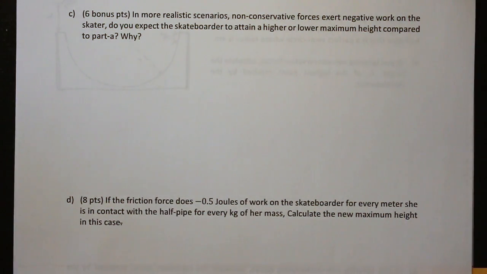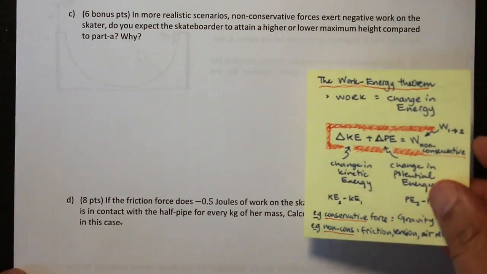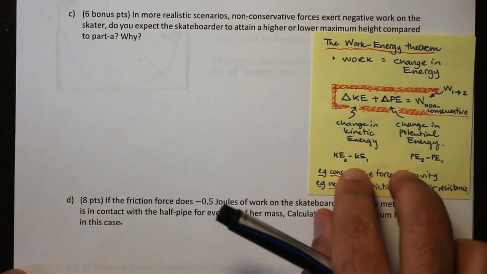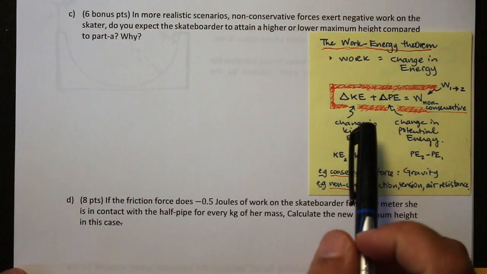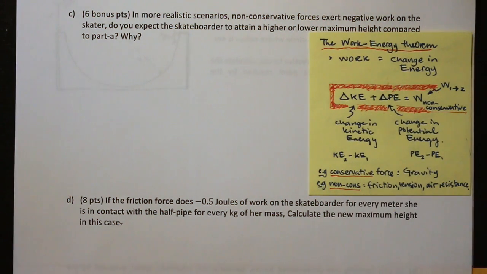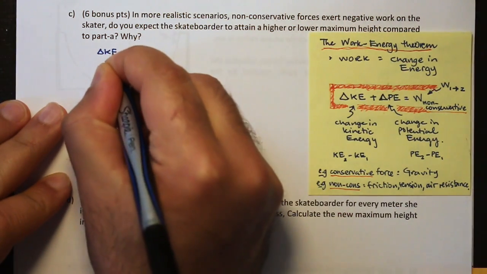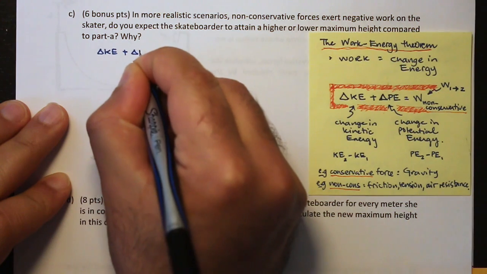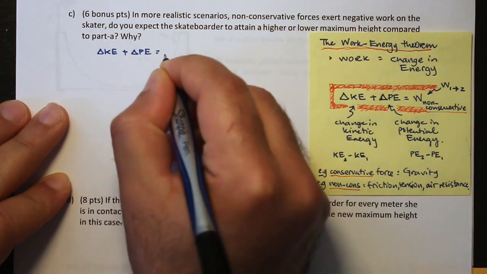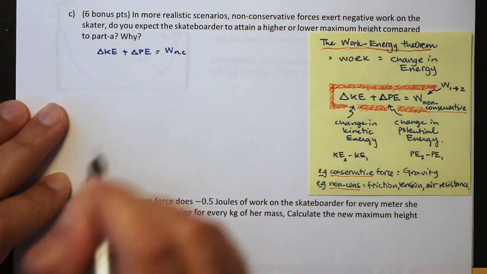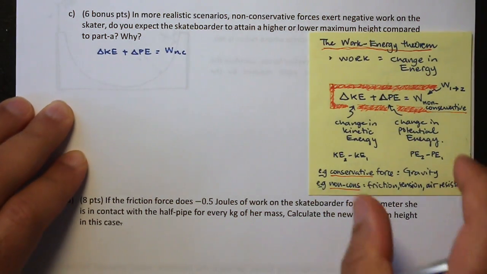So the first thing I'm thinking of is that now we are in a situation where the non-conservative forces are exerting non-zero work. Then if I look at my statement of the work-energy theorem, I find that the change in kinetic energy plus the change in potential energy is equal to the work done by non-conservative forces.